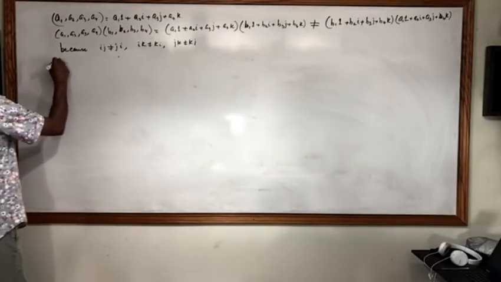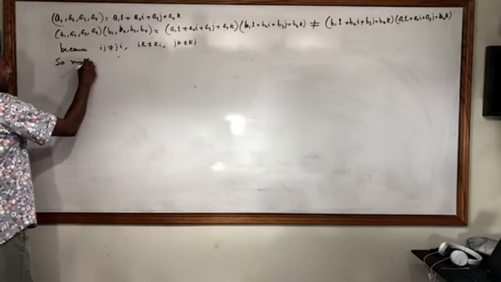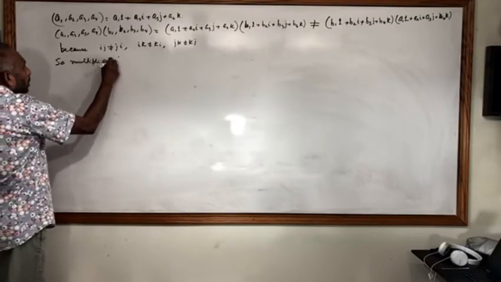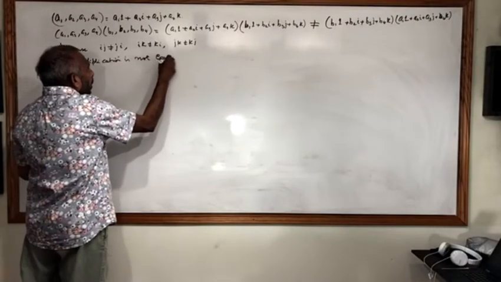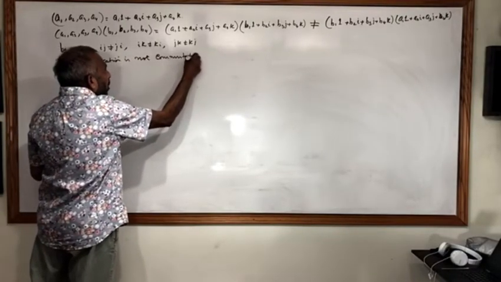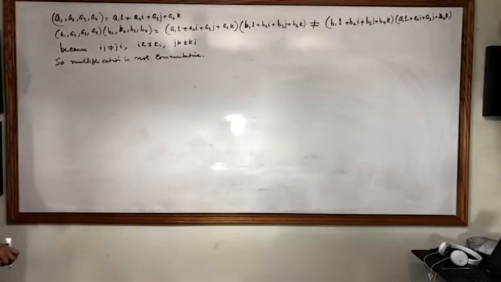So multiplication is not commutative, and we know that we have an identity.